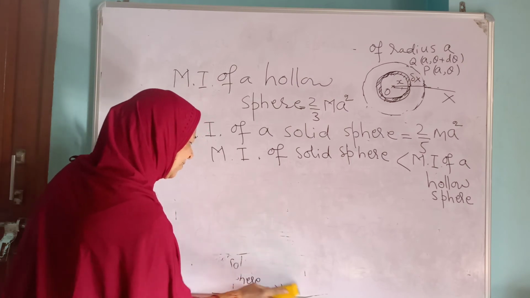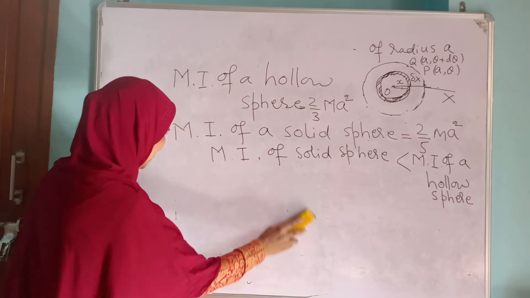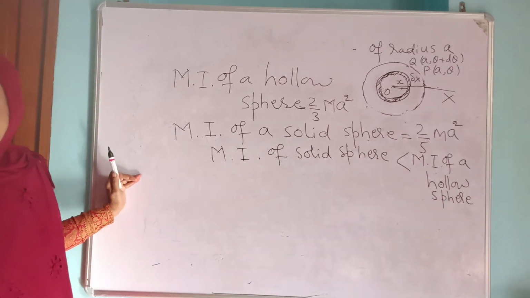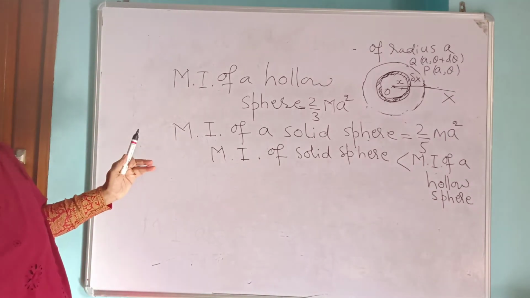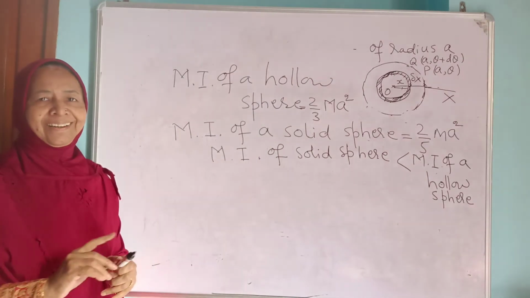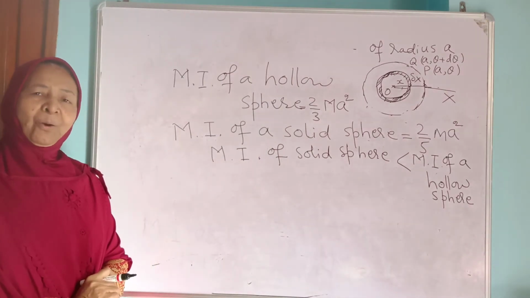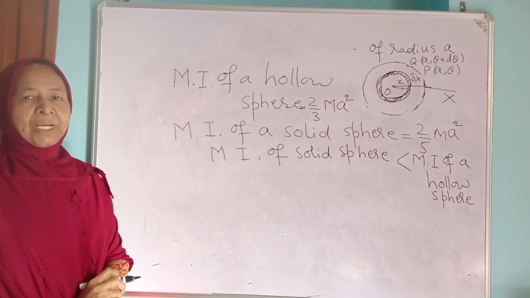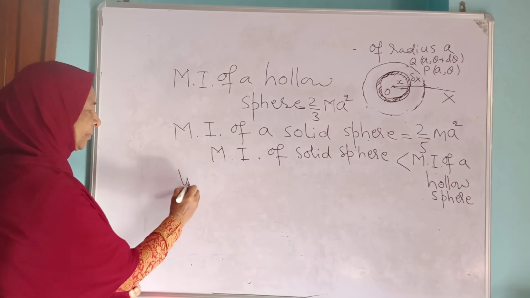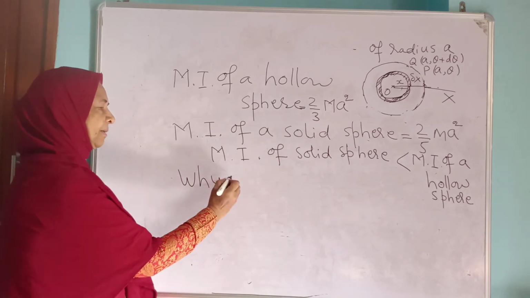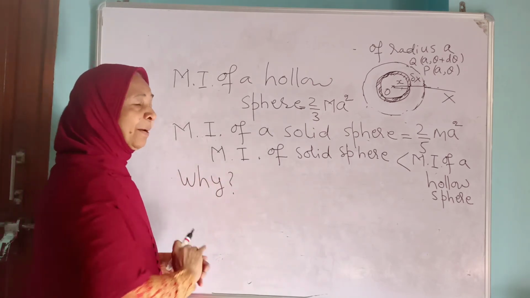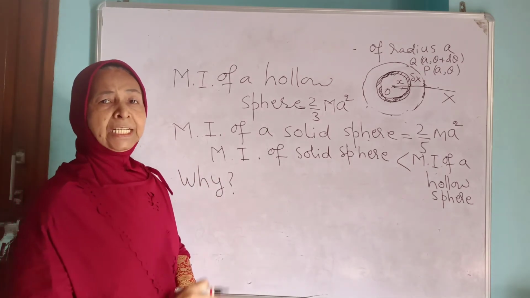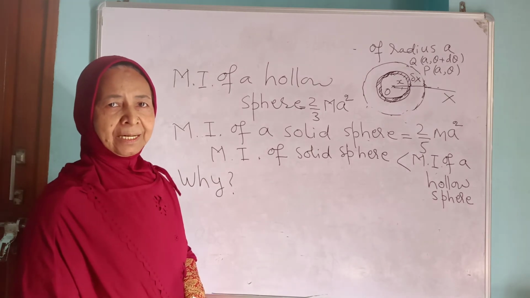Now why this difference? Can you tell me? And what is the impact of it on the whole rotational body's motion? Okay, think on it. Now, let me tell you why. Because moment of inertia is defined as mass into perpendicular distance square, isn't it?